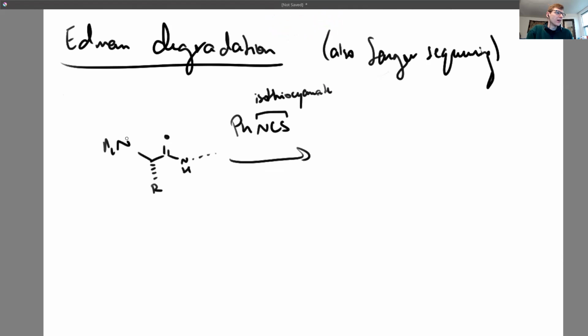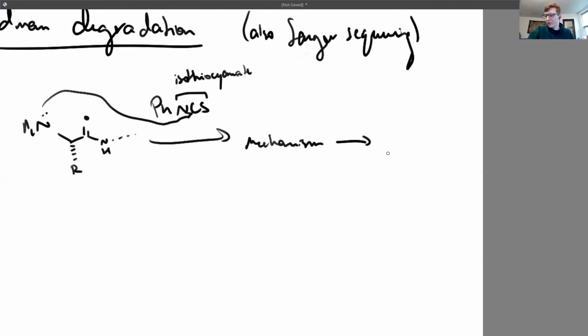This guy is going to react onto the carbon. And then there's this whole complicated mechanism, which I wouldn't expect that you need to know because it's quite complicated. But luckily, if you do need to know it, you have the book at your disposal. The point is that from there, you wind up with this really specific structure.